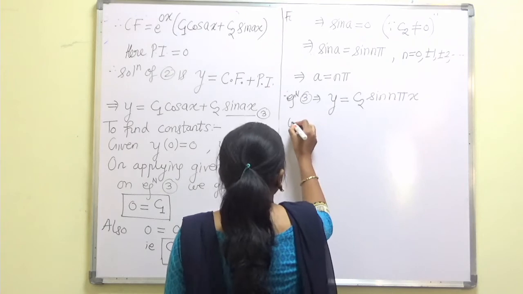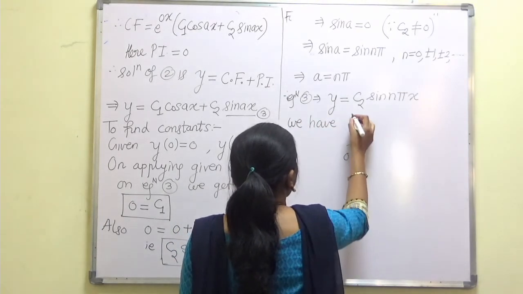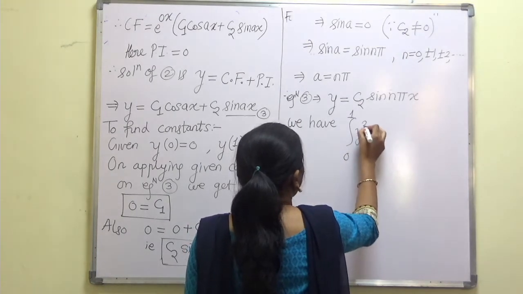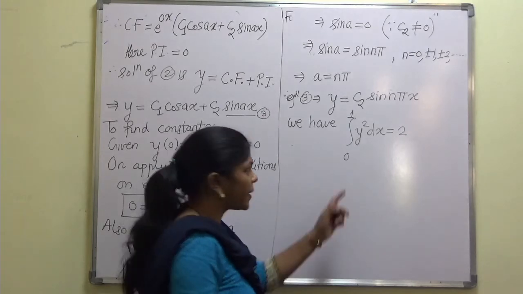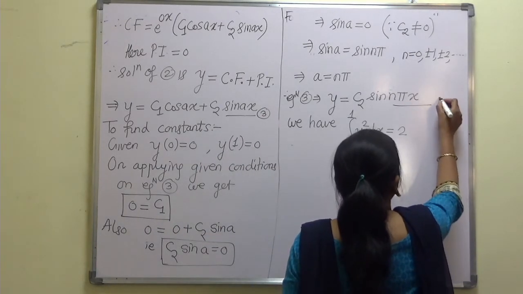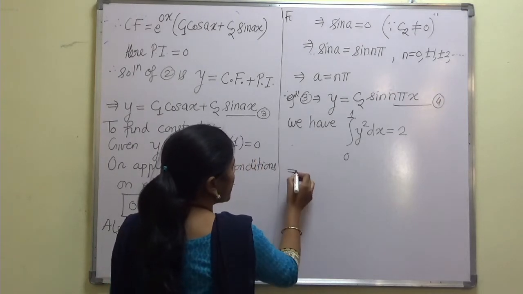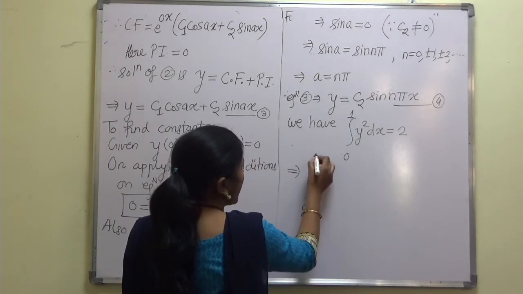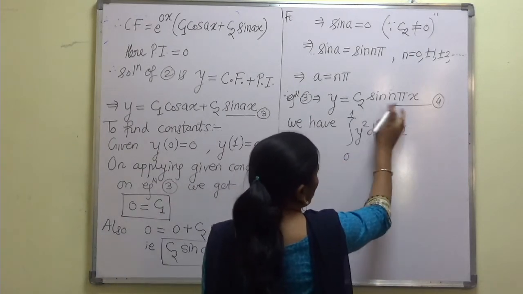Now we have the integral 0 to 1 of y square is equal to 2. This is given. So let us make use of this in order to get the value of c2. So this implies integral 0 to 1 of y. What is y according to equation 4?